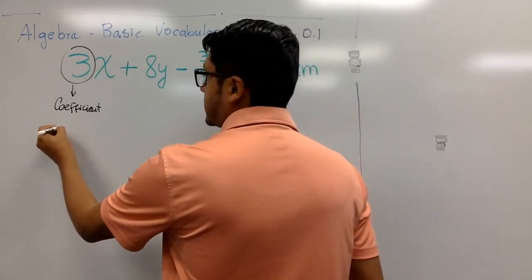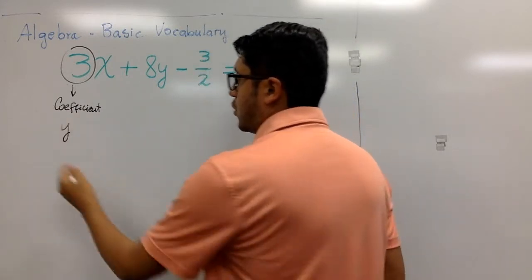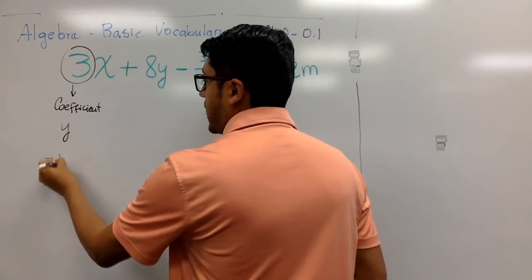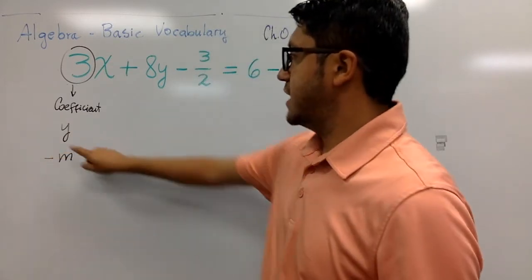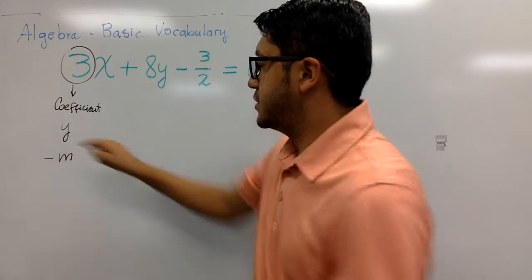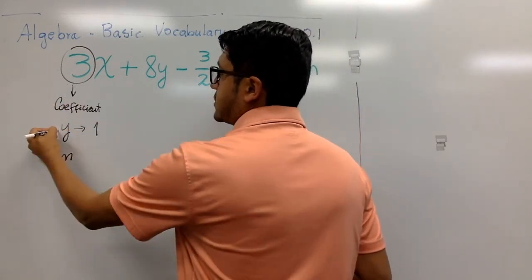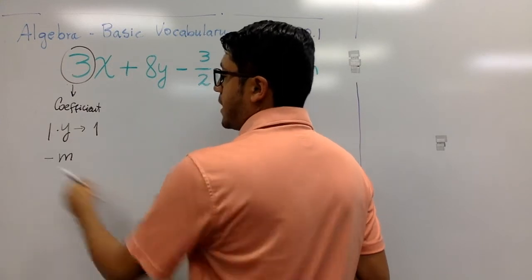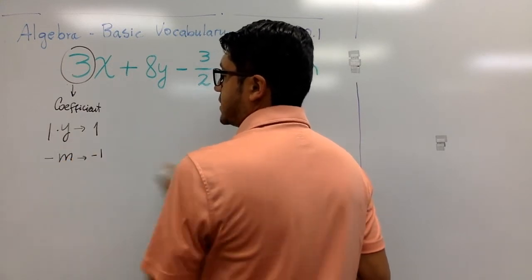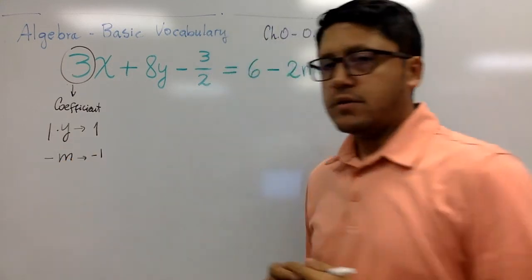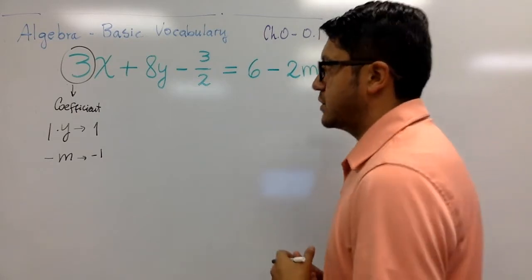Like this, we can say this is y, or this is negative m. Alright? In this case, the numbers that are multiplying each of these letters are 1, so it's 1 times y, and in this case the coefficient is negative 1. Alright? So these are important things to take into account.